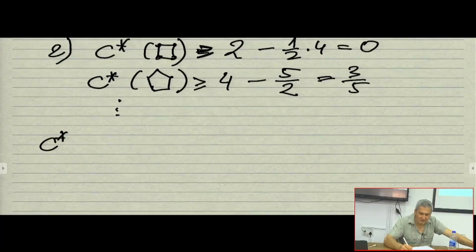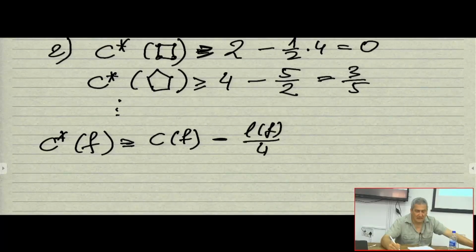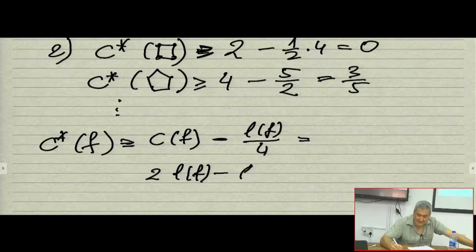The final charge of a face is at least the initial charge of the face minus the length of the face over 2, because every vertex we see can get 1/2. And if you do, this is 2 times length of f minus 6, the initial charge, minus length of f over 2.